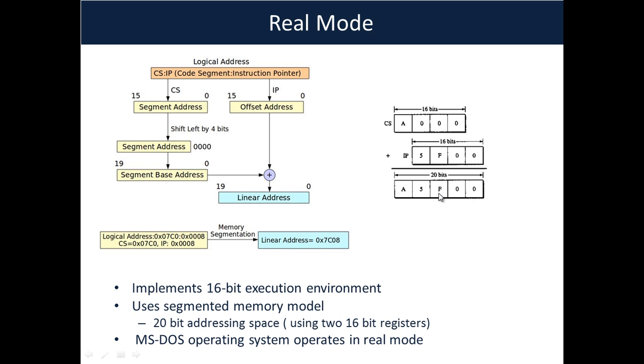This column gives us an F. This column gives us a 5. And this column gives us A. Hence the addition spans 20 bits and has the value A5F00. Right, so this is how, using segment and offset in real mode, which are each just 16 bits long, we are able to address a 20-bit memory space.